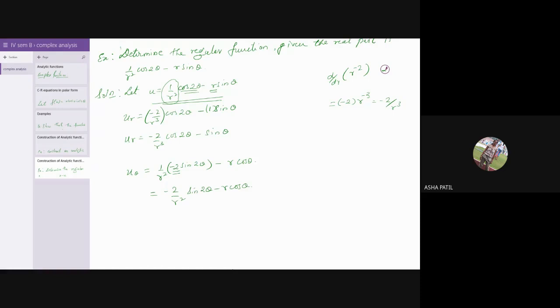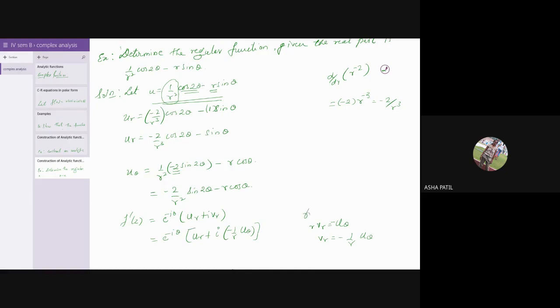Okay. Now let us go for f dash z. F dash z is equal to e raised to minus i theta into ur plus i vr. Now we'll substitute for vr. We know that r vr is equal to minus u theta, so vr is equal to minus 1 by r into u theta.